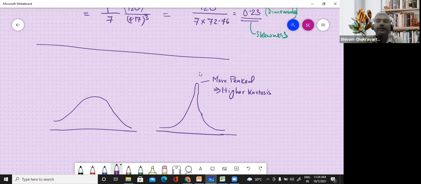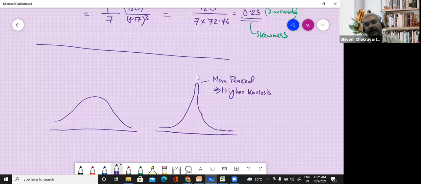If it is a very symmetrical, normal distribution with moderate peakedness, then we get a particular value of peakedness. Kurtosis has three categories depending on the values. We will briefly mention them.